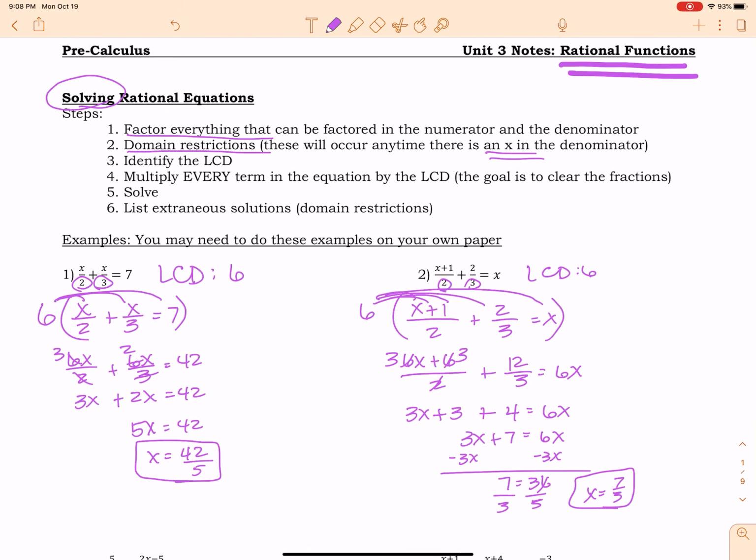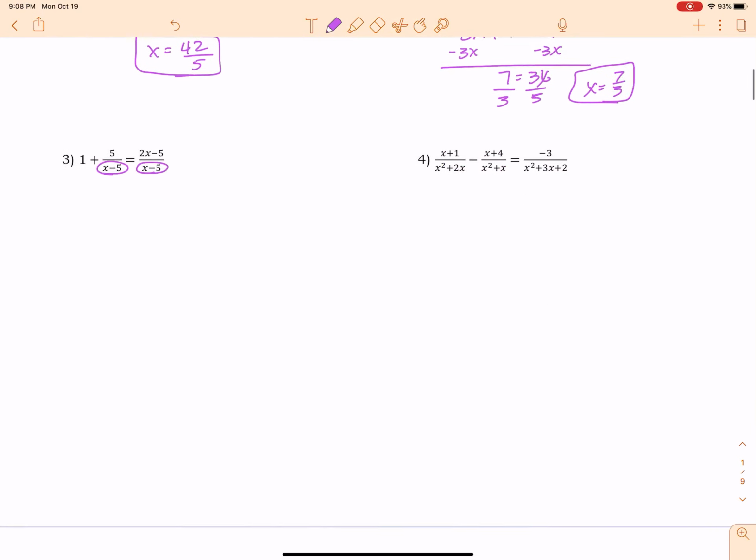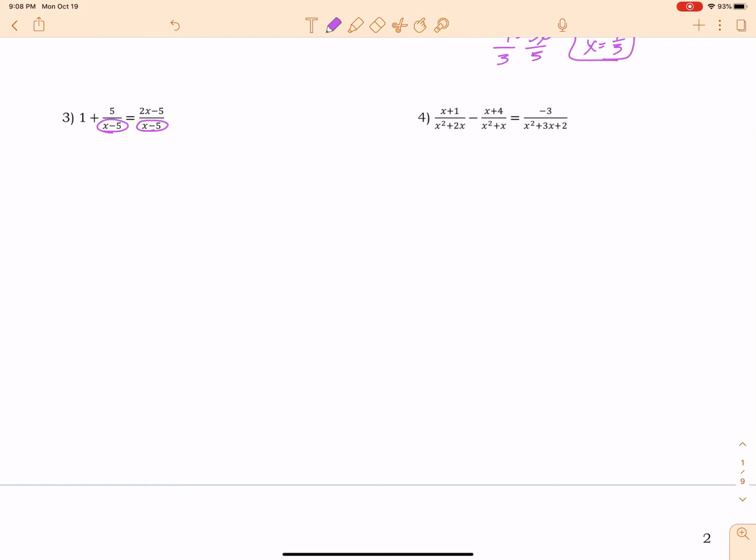So these will occur anytime there's an x in the denominator. So that means that I'm going to look at x minus 5 because it's in the denominator. Well, a value for x that would make this 0 would be 5 because 5 minus 5 is 0. So that means that we do have a restriction here. So x cannot be 5. So there's my domain restriction. You can write it as simple as that. I wrote it with a little more flair today, but you can write it that way.